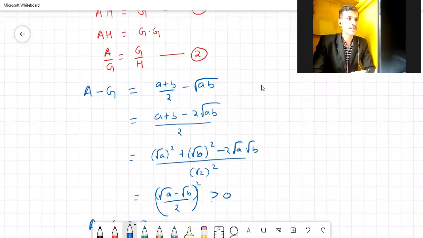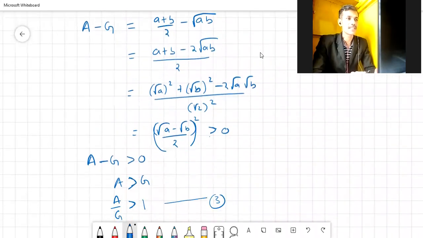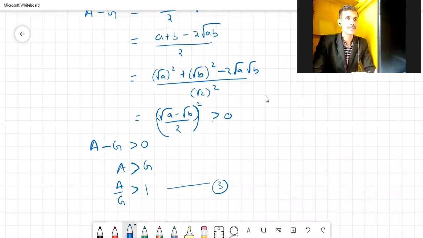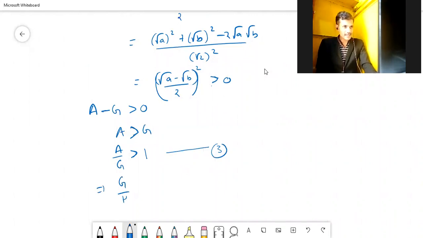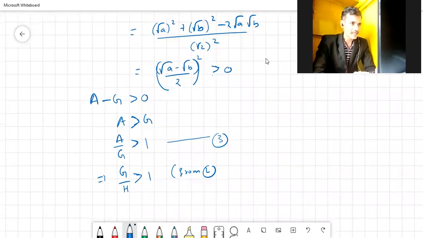So from 2, if A by G is greater than 1, then G by H is also greater than 1. How did we write it? From 2. This we have already proved. Then what does it tell?